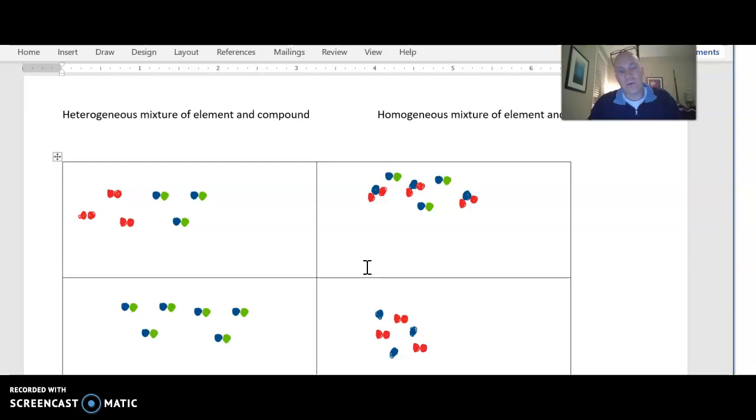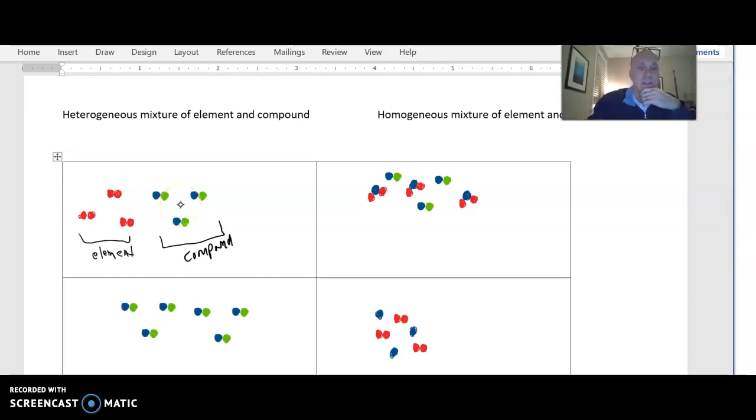All right, so when you're going through this, one thing that might help is just to label some things. I can look at this right here, and I can tell that that's an element. From here on out, I'm just going to use an E for element and a C for compound. This is a compound. But the thing is, are they thoroughly mixed or are they in their separate locations?